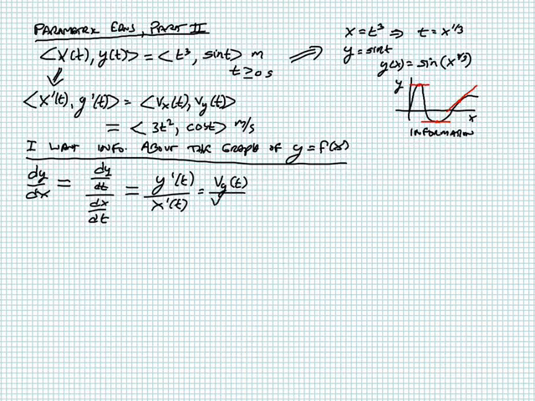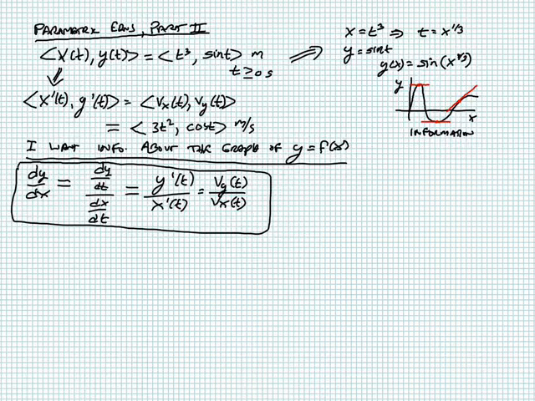So now I can get my local tangent line slope and still stay in the realm of time. For example, if we look at the above parametric equation, x is t cubed and the y component is sine of t, and so my dy dx is going to be equal to dy dt over dx dt.